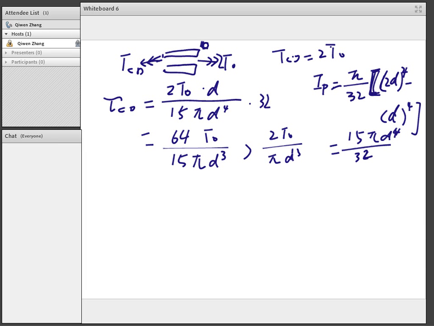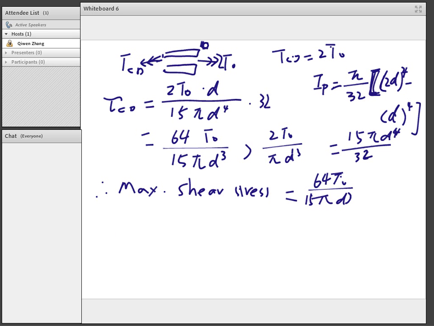So we know the maximum shear stress is equal to 64 T0 over 15 pi d cubed, and it is in the section of the rod CD.